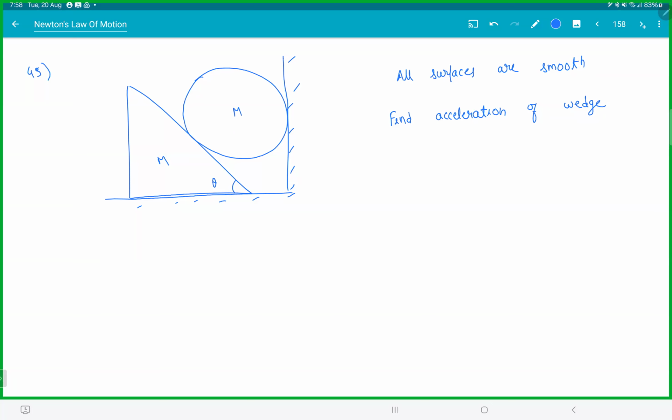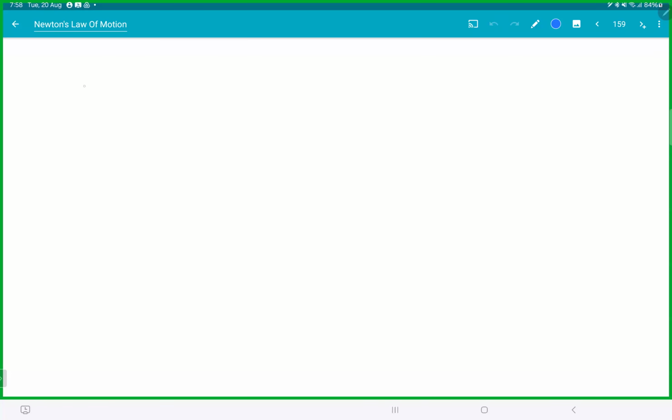Let's see. First thing, step one, free body diagram.